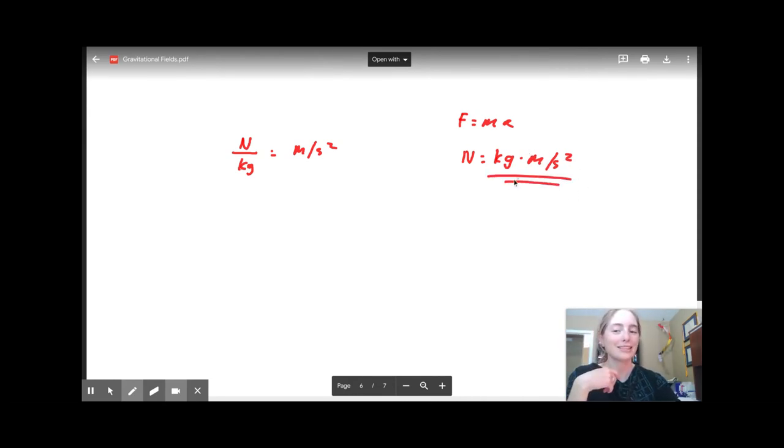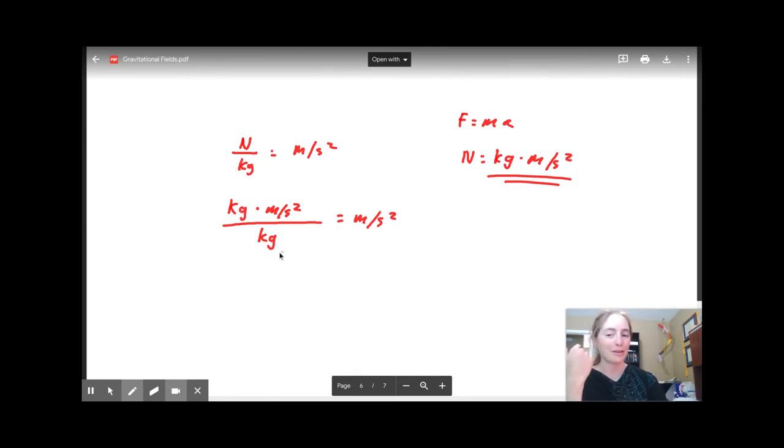So I'm going to take this value and I'm going to plonk it in place of that newton. So a kilogram times meter per second squared, which is a newton, per kilogram, and then I'm going to leave that meters per second squared. Well, look at this, ladies and gentlemen. We've got a kilogram divided by a kilogram. They cancel.